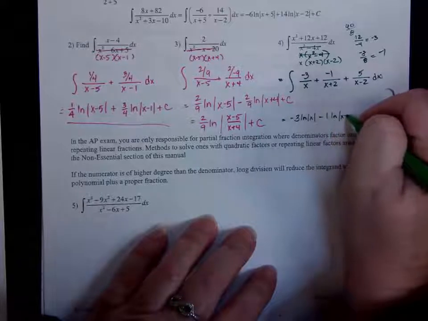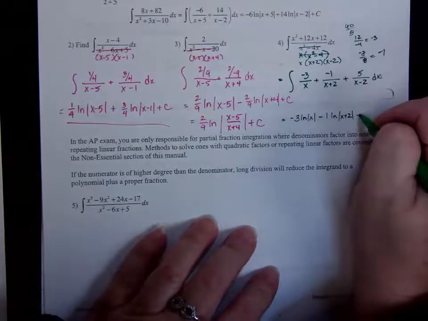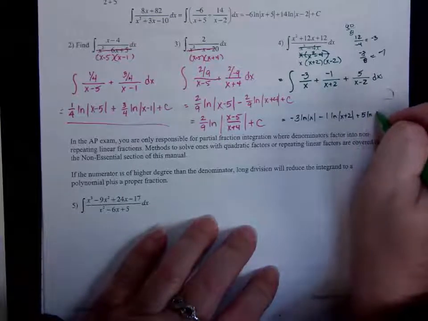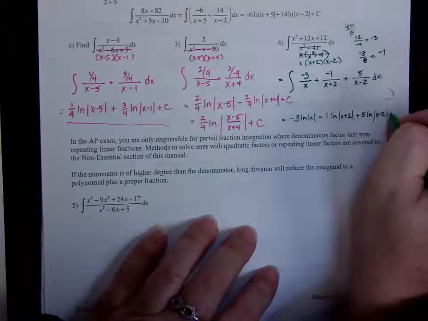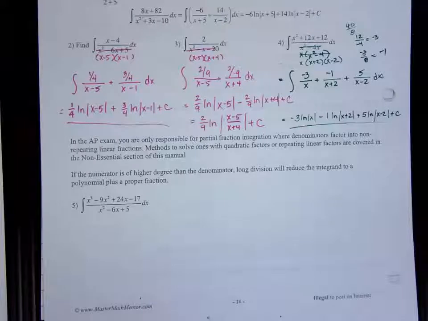The 1 is not needed, but the minus definitely is. Plus 5 ln absolute value of x minus 2 plus c. Questions? Starting to get the hang of it? Of this breaking it apart?